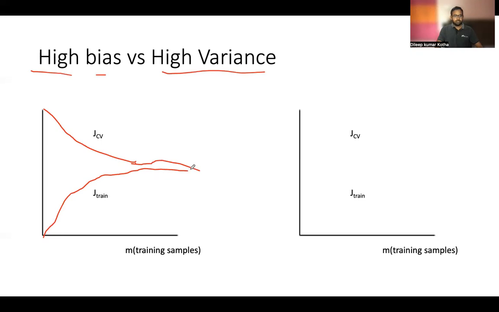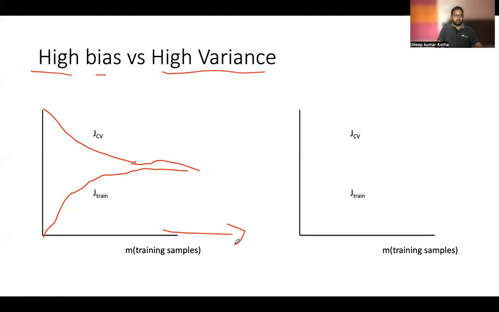So when the cross-validation error as well as the train error become nearly equal, then we are suffering from a high bias problem. So even if you increase the number of training samples, there won't be any good result. So you will continue to have high bias.